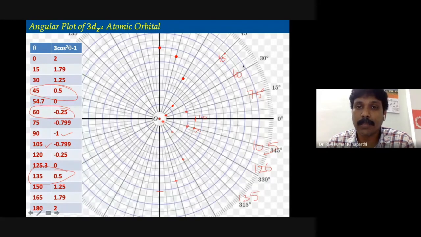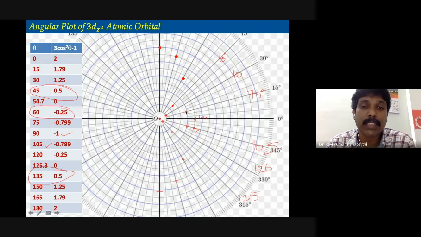This is essentially 60 degree, right? That means this particular axis is where the total wave function actually becomes 0. Then at 60, again it will increase, the value 60 minus 0.25.